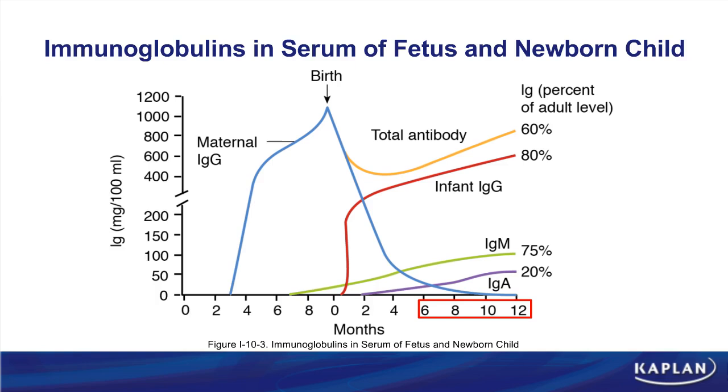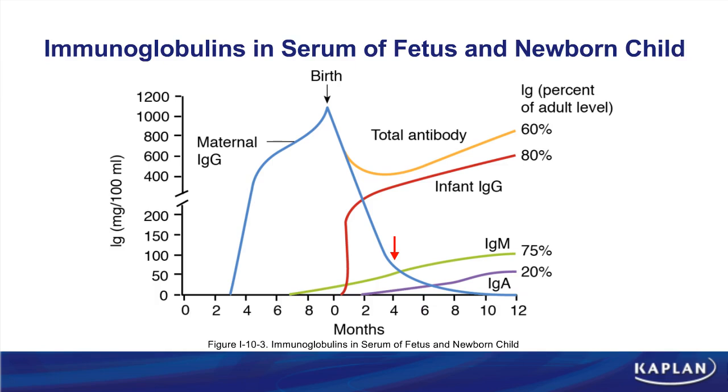And the other thing we sort of want to think about is, of course, we don't give live vaccines until after 12 months because, again, that maternal IgG can still be sticking around. And if we gave the MMR vaccine, let's say back here at 4 months, what would happen? That maternal IgG would likely still have antibodies.